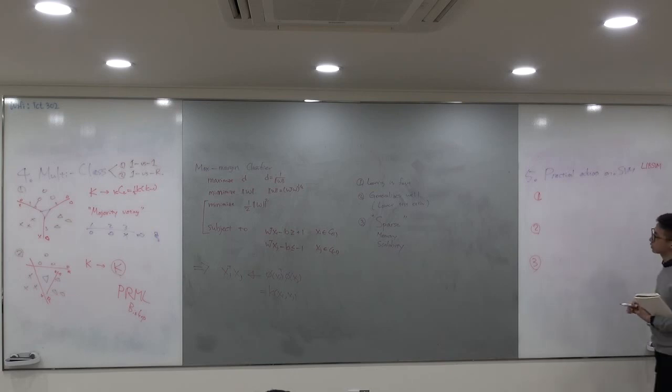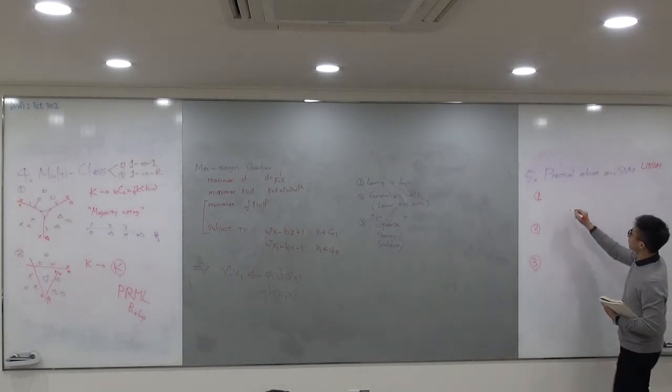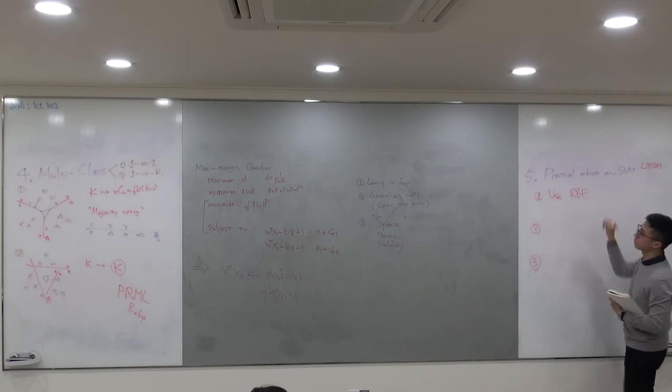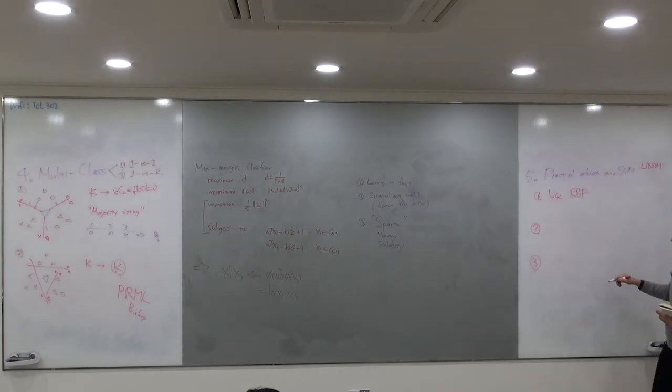I'm summarizing their results. The first one is use RBF kernel if you don't know anything. Because the radial basis function kernel, in theory, projects the data into infinite dimensional space. So this is one of the strongest kernels in machine learning, even though it's very simple.